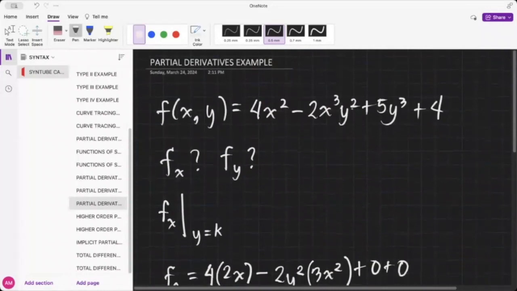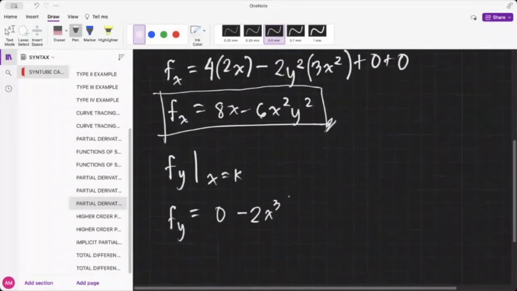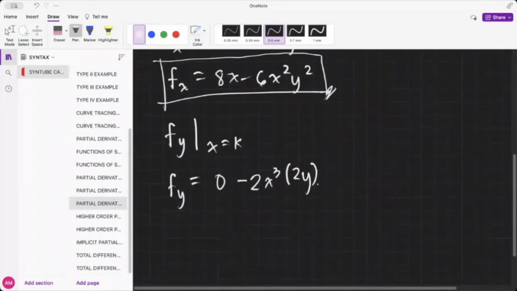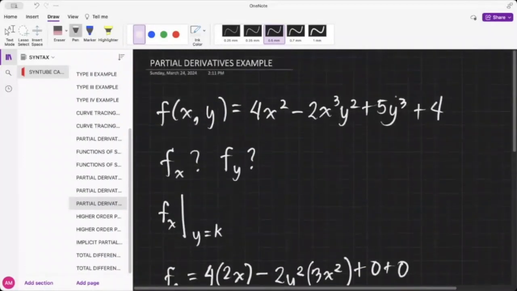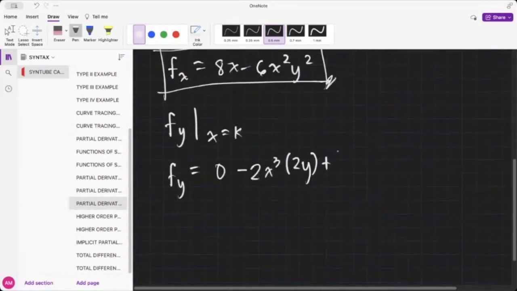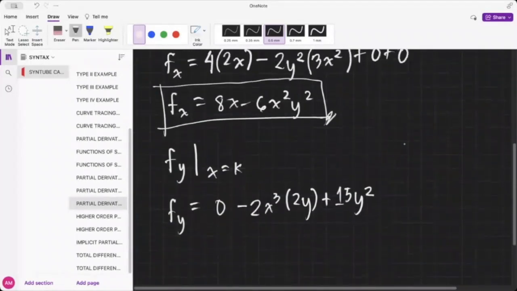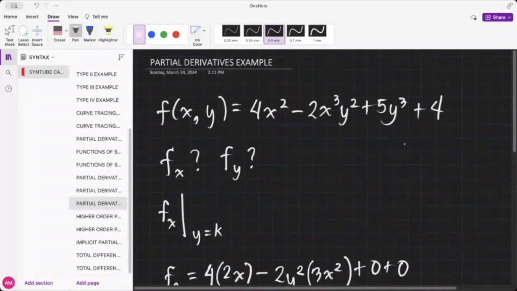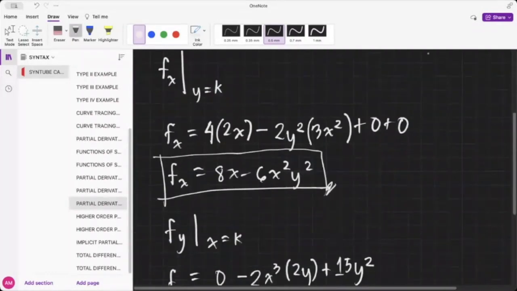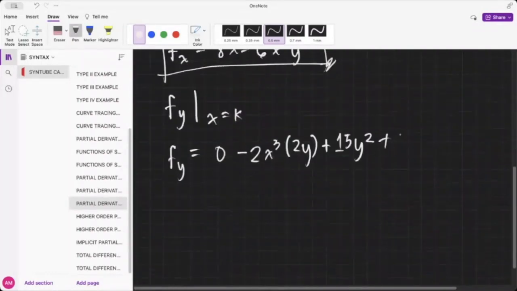Then, ano yung derivative ng y squared? It's just 2y. Okay? Plus, ano yung derivative ng 5y cubed? It's 15y squared. And yung 4 is just 0.